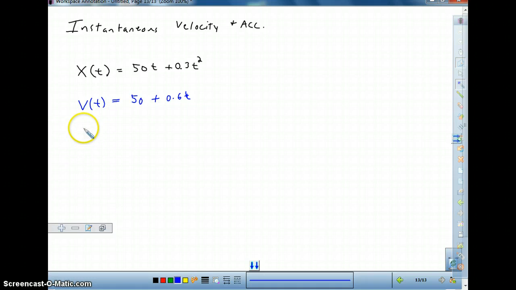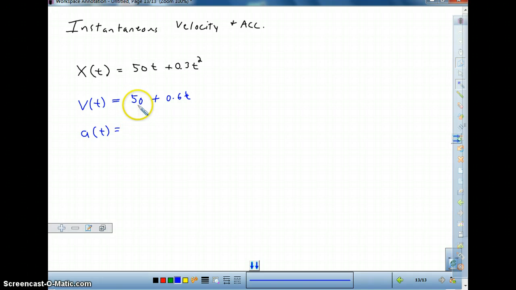Taking it one step further, we could find the instantaneous acceleration as well, taking the next derivative. It is the first derivative of the velocity time function, or you could think of it as the second derivative of the position time function, to find the instantaneous acceleration at any given time t.